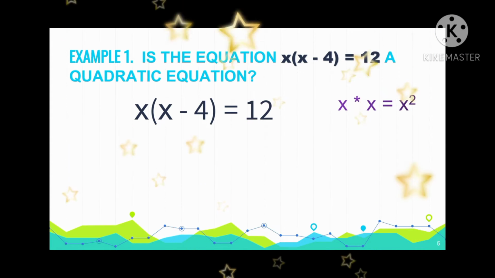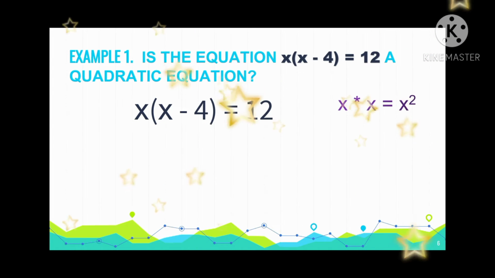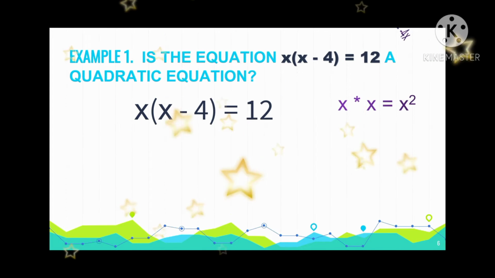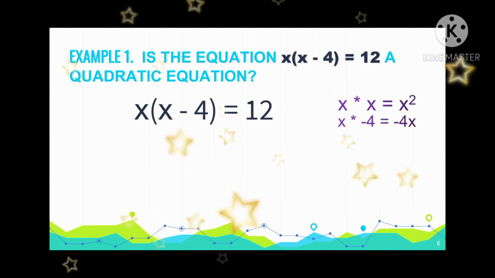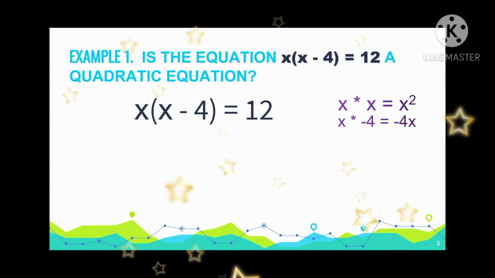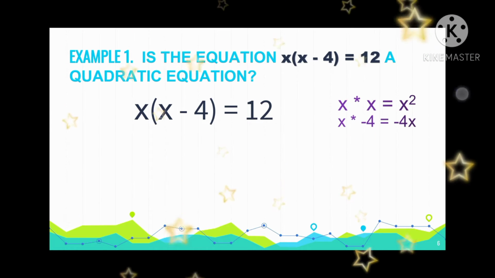So, multiply x by x. And the answer here is x squared. Next is x multiplied by negative 4. Then the answer is negative 4x. So, ngayon, isusulat na natin.